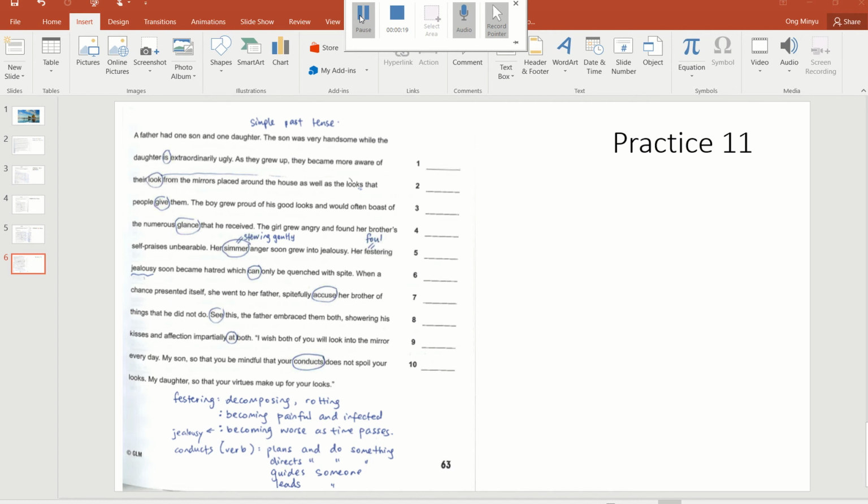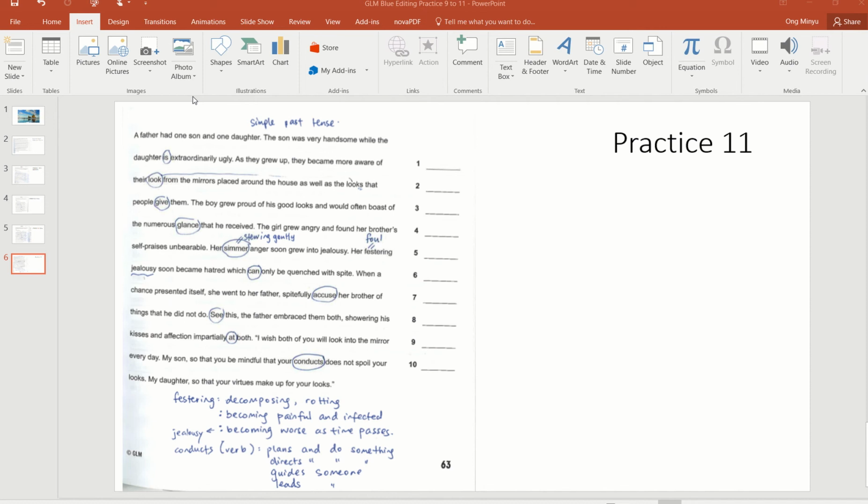First of all, you have to know what is the dominant tense in this text. As you can see from the first line, a father had one son and one daughter. You know that the tense is simple past tense because of the word had. The son was very handsome while the daughter is extraordinarily ugly.